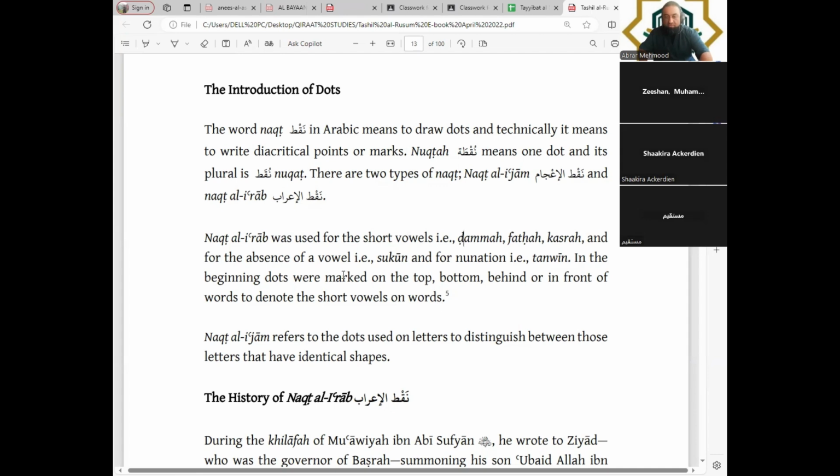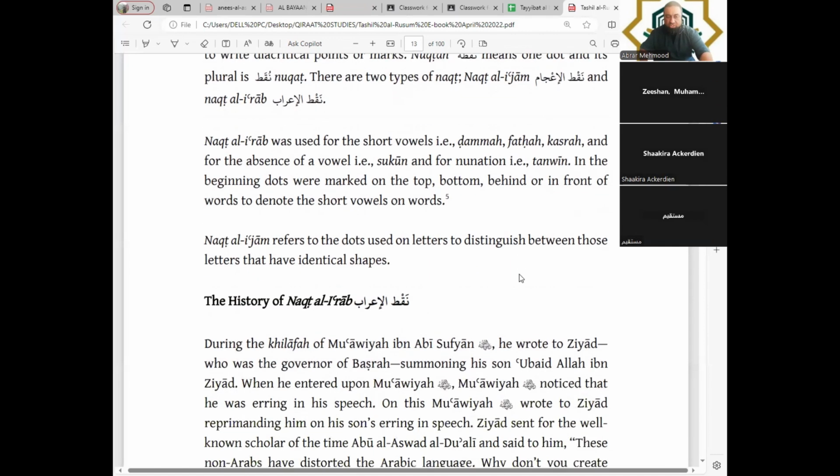And then you have sukoon, which is another one. Then you have nunation, which is tanween. So the double fatha, double zabr, double dhamma, which is double pesh, double fatha, which is double zabr, and double kasra, which is double zir. So just familiarize yourself specifically with what this is.